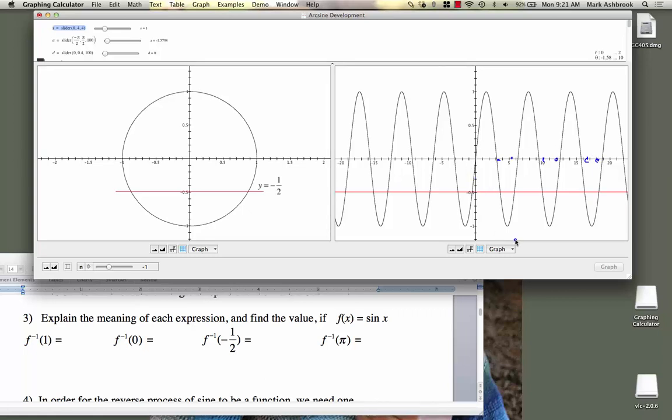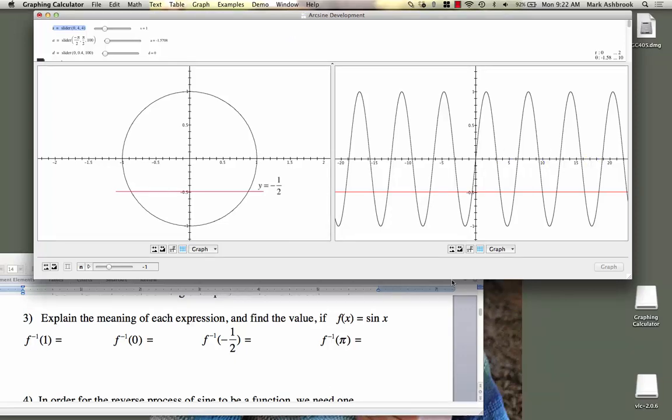So in order for it to be a function, what do we need? We need, for every vertical distance, just one angle. But in addition to that, we need to hit every single vertical distance at least once. So we need a range of angles that covers every vertical distance from -1 to 1 but exactly once.